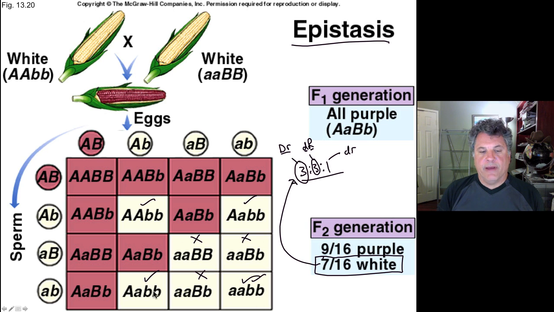Here, though, there are two ways to get a recessive phenotype out, and therefore we end up with 7/16 white, in other words recessive phenotype, and 9/16 dominant purple phenotype.